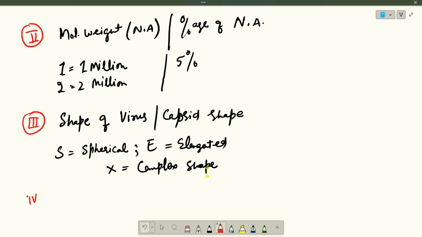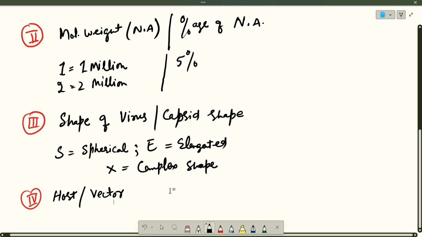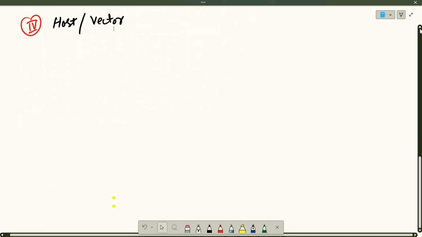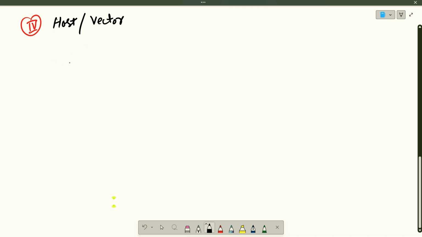And then the fourth pair of code gives us information about the host of the virus as well as the vector of that virus. So what are the codes used in the fourth pair of code?